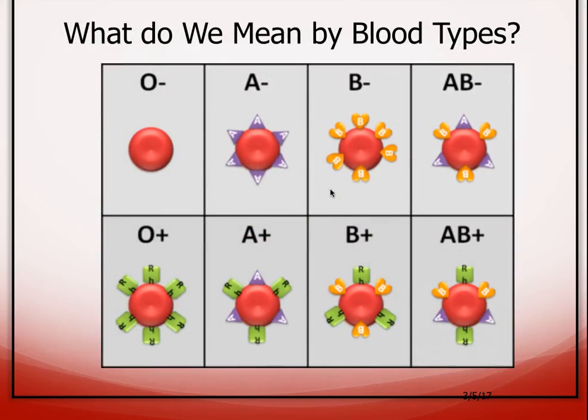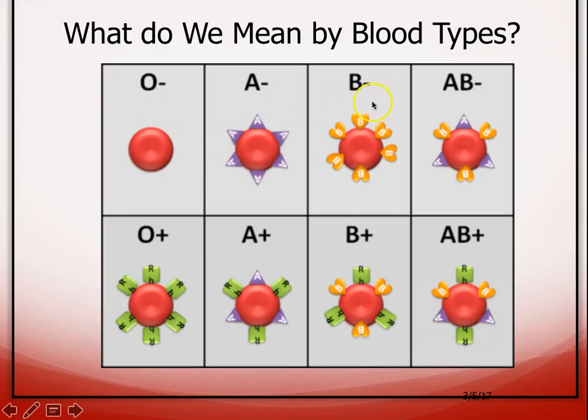All right, so let's talk about these blood types. Up here on the top row, we have O, A, B, AB, negatives. And down here on the bottom row, we have the same ones, but now positive. Just by looking at these pictures, hopefully you can start seeing some patterns.